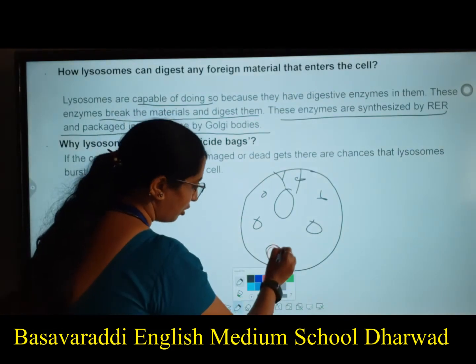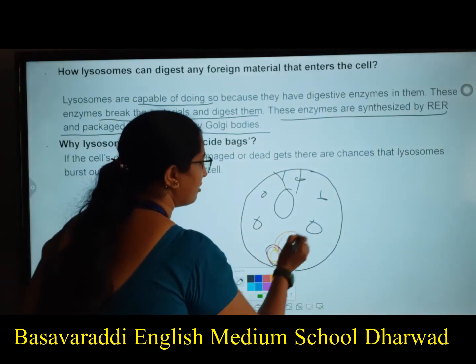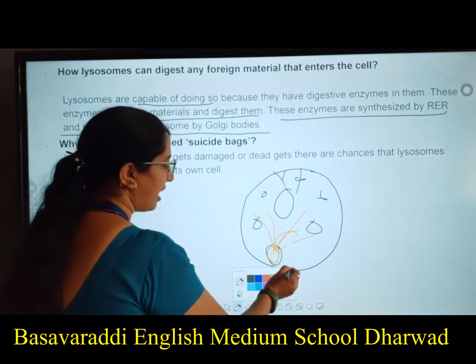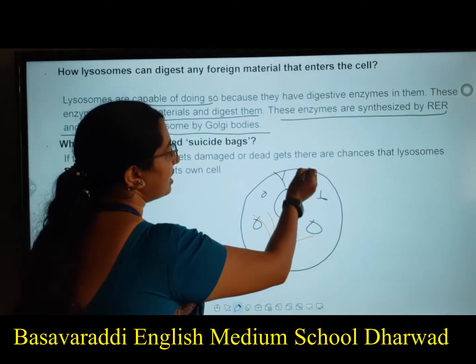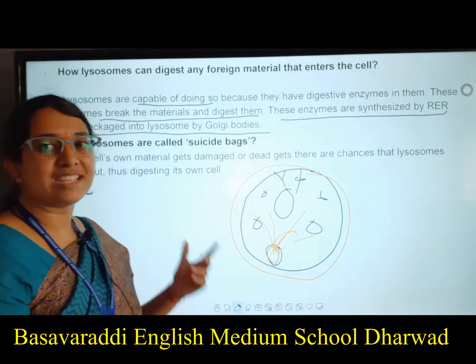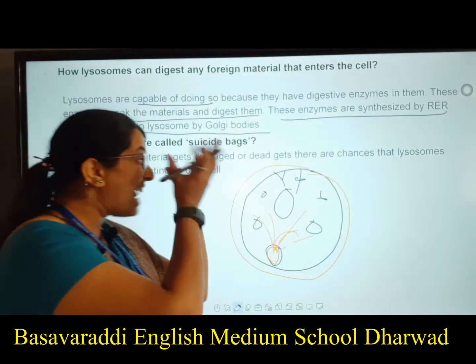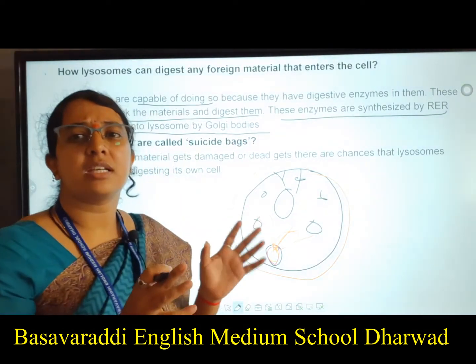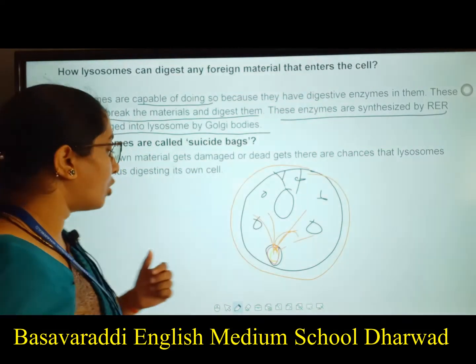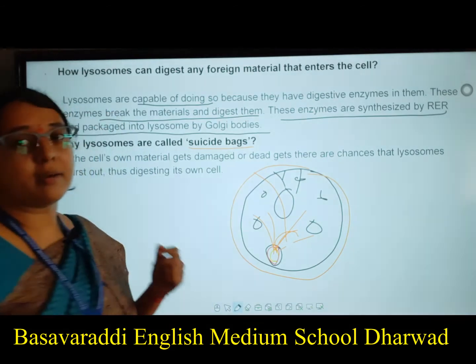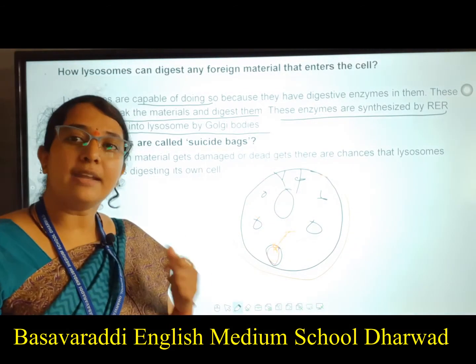This lysosome completely gives out all its digestive enzymes outside, and the complete cell is digested. It completely engulfs and takes the complete cell. So that's why they are called suicide bags.